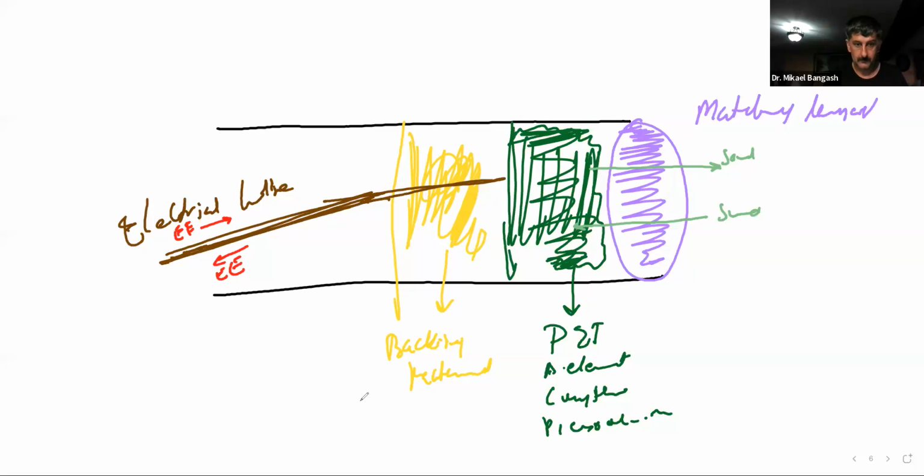Now girls, let's see. So, backing material, also known as the damping material.